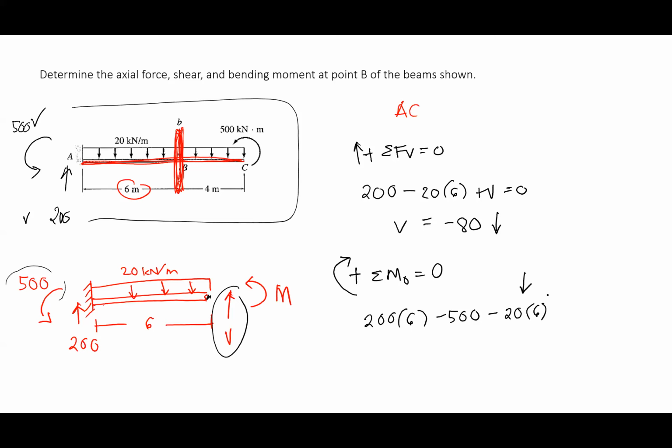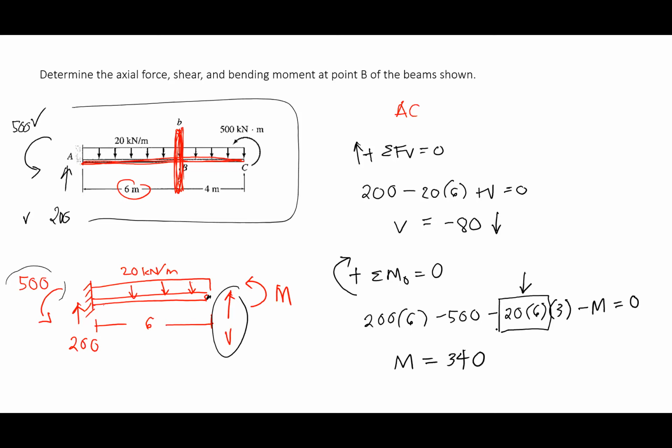Ang moment arm niya is half nung 6, which is 3. And then, minus M, kasi counter yung aking assumption. So, the moment is equal to 200 times 6 minus 500 minus 20 times 6 times 3. So, the internal moment present at point B is equal to 340.